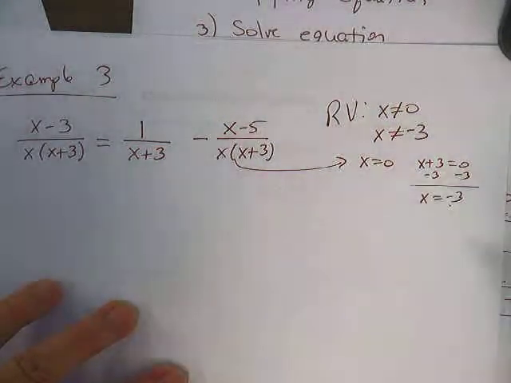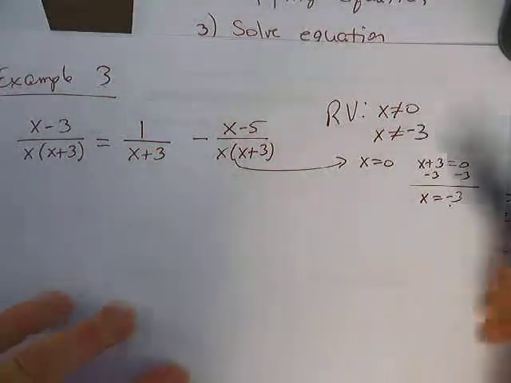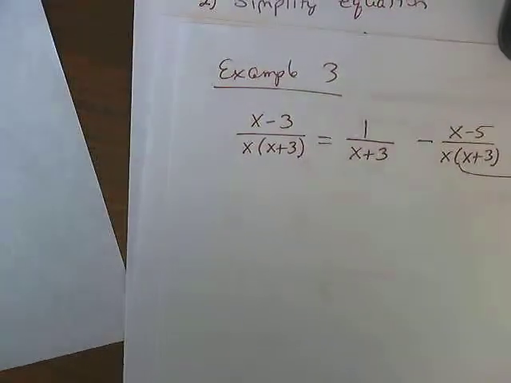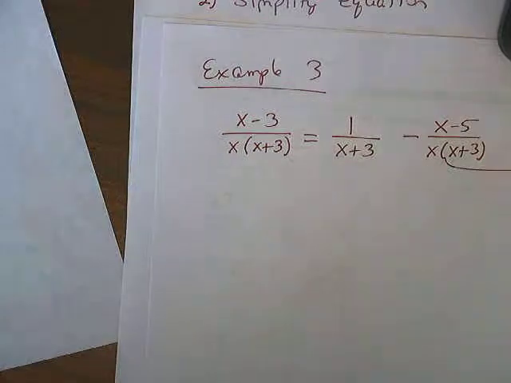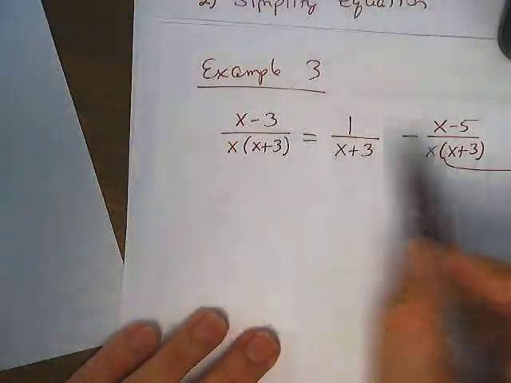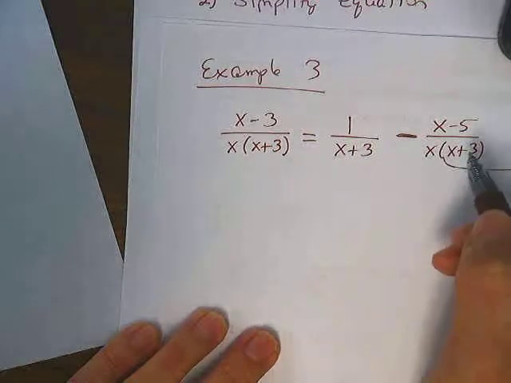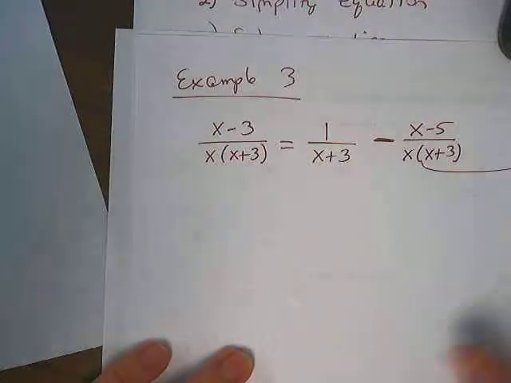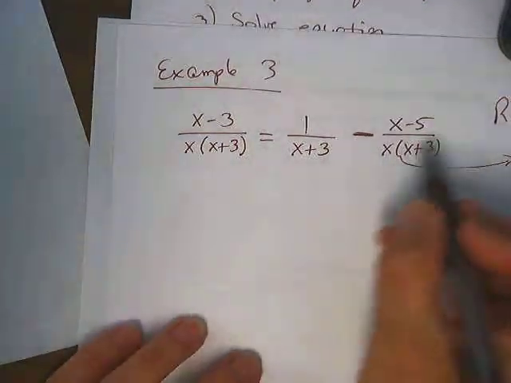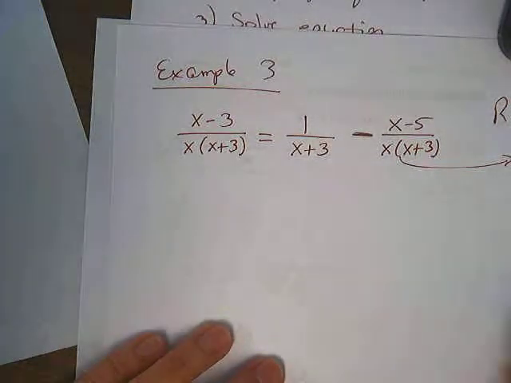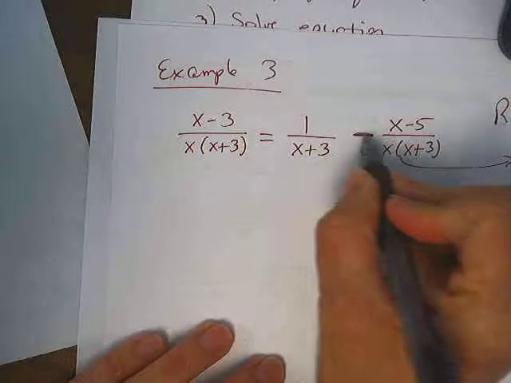restricted. Okay, now we want to see if I can simplify this. There's nothing I can cancel, because remember, you can only cancel within the same term unless they're multiplied or divided. And to simplify the equation, I need to combine both terms on the right. So I've got to find a lowest common denominator. This has an x plus 3. This has x times x plus 3.